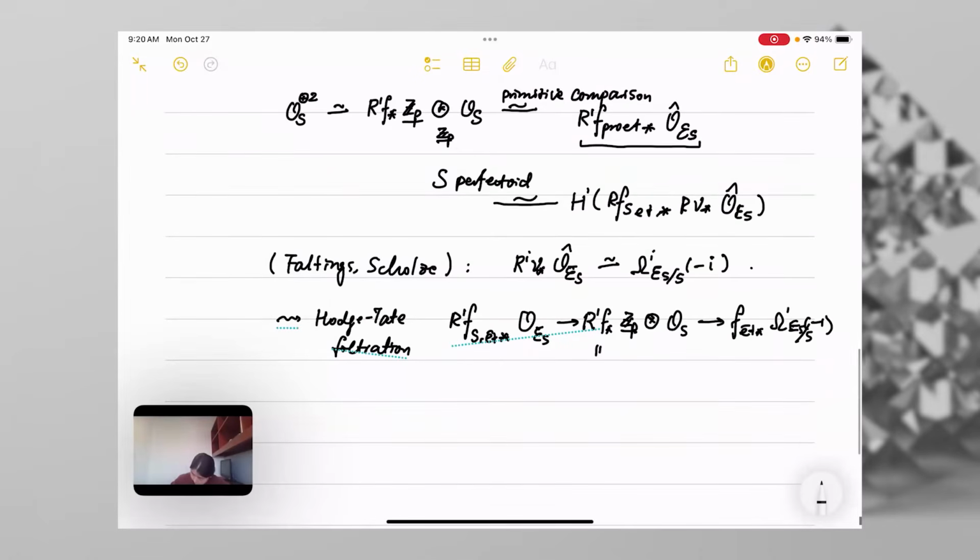So now the middle term is also trivialized, as we said before. So this altogether gives the desired map from S to P1.